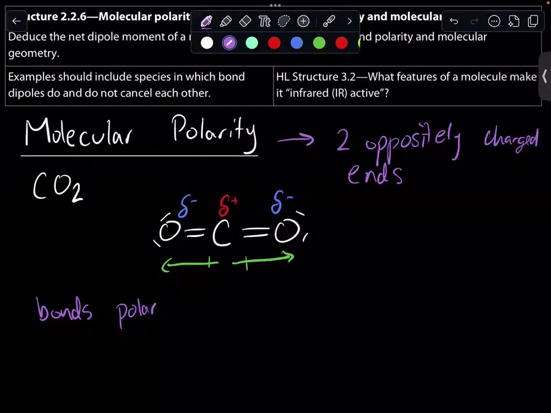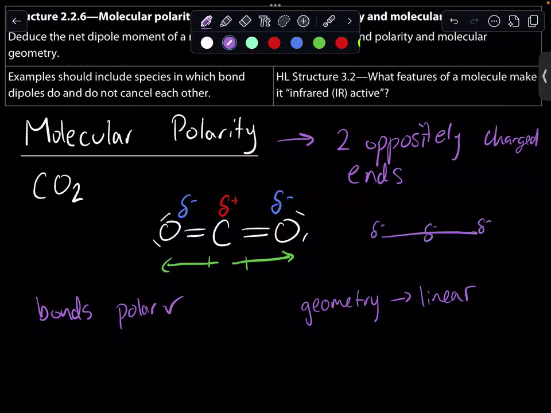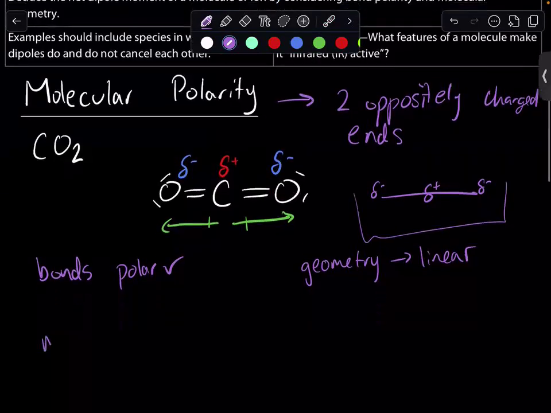Well, first, let's look at the geometry. So our geometry of this is going to be linear. So this exists as a line with a negative end, and kind of a positive middle. So when we look at this whole molecule, is the molecule polar? And that's the question we have to answer.